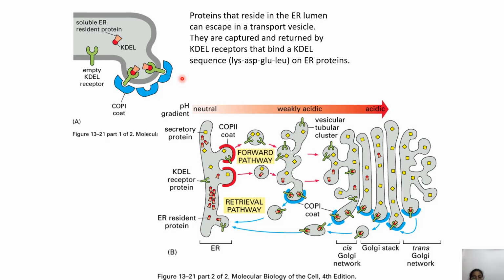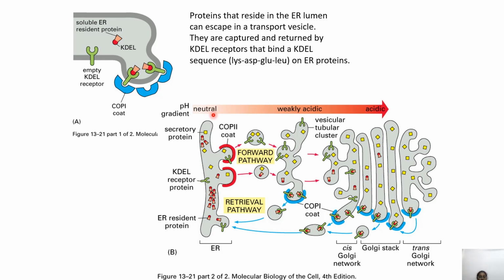Now, since vesicle budding is such a dynamic process and has a high concentration of soluble proteins in the ER, soluble proteins are inadvertently transported to the cis Golgi via coated vesicles, and the transportation of proteins containing the KDEL sequence is facilitated by KDEL receptors attached to COP2 and COP1 receptors.